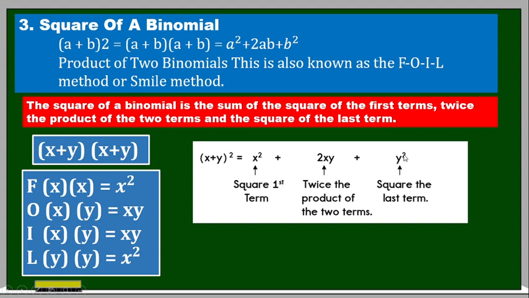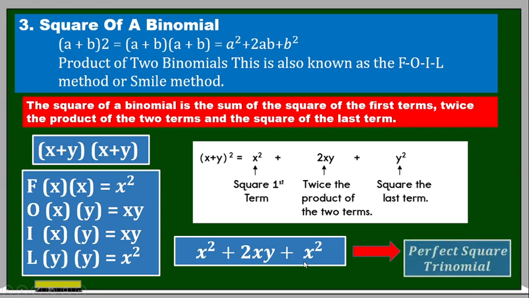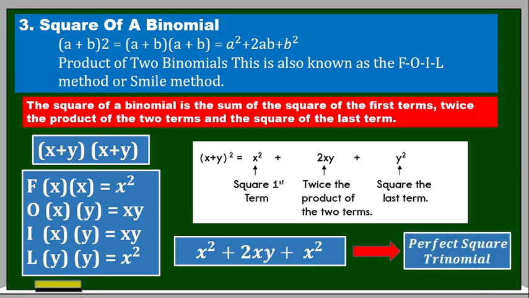For further understanding, take note: x squared plus 2xy plus y squared is what we call a perfect square trinomial. Meaning to say, the product of a square of a binomial is an example of a perfect square trinomial.